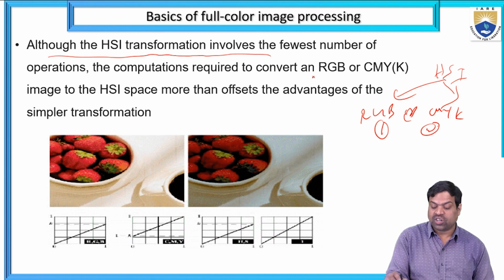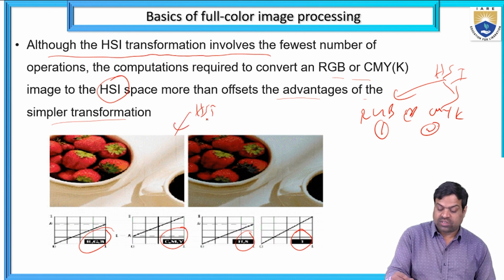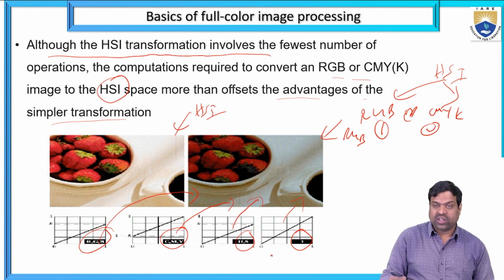So the computations required to convert an RGB or CMY image to the HSI technique offset the advantage of the simpler transformation. So it is RGB, CMY, HSI. Suppose I take the input image as HSI, then the output is converted to RGB. RGB is converted to CMY, or CMY is converted to HSI. If I have HSI, then it is converted to intensity.